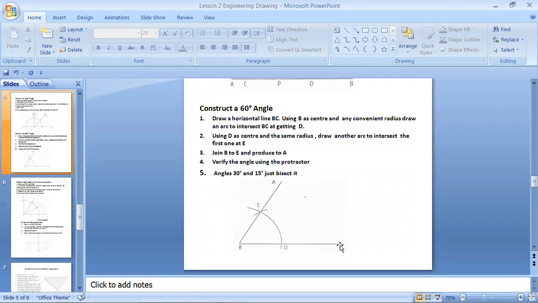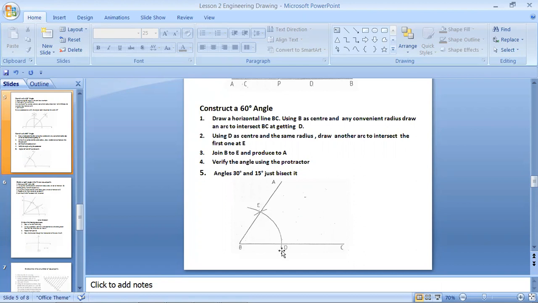Then you open the compass at any convenient distance. There's no exact size. And stand the compass in B and create an arc in this way, forming the arc.